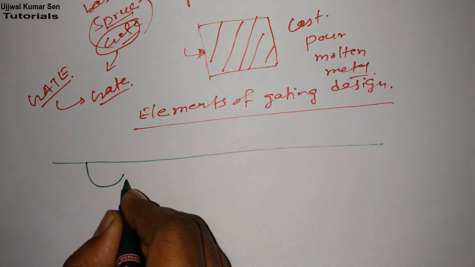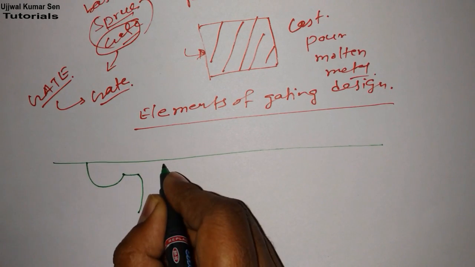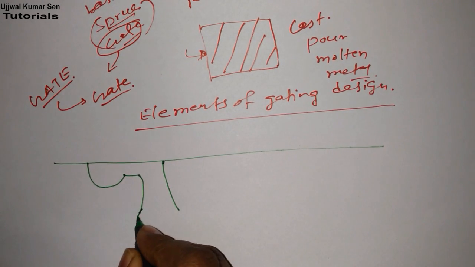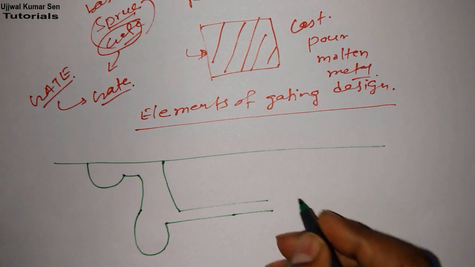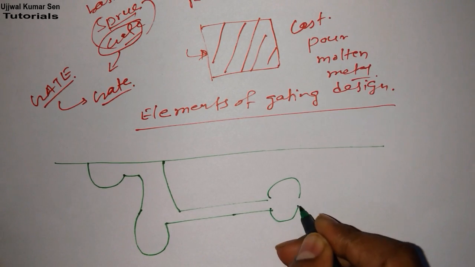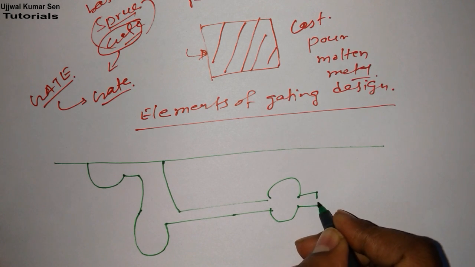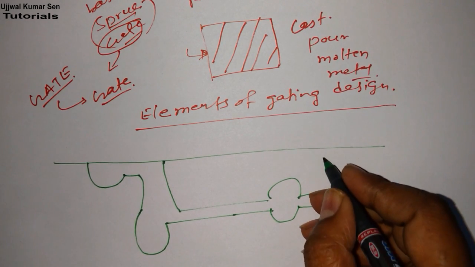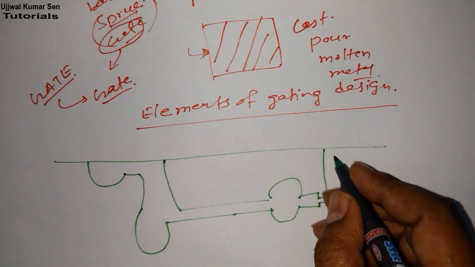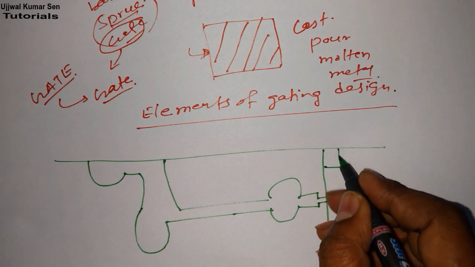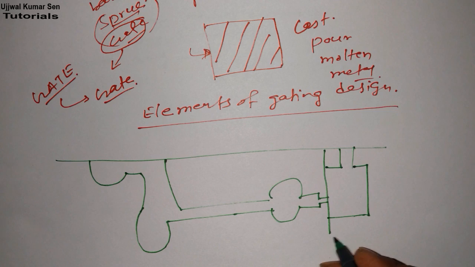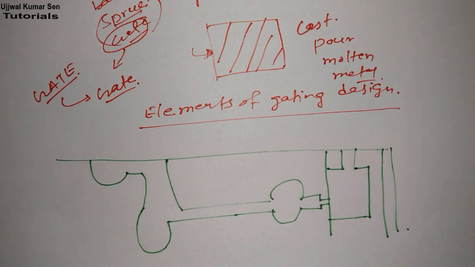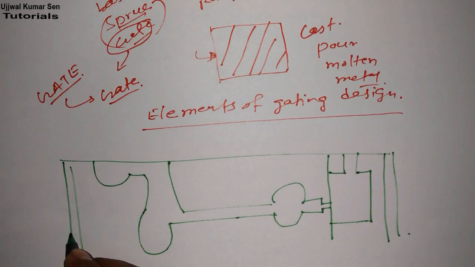Suppose we have this, then we go with the runner, then the skim bob. I will share what these are. This is our main cavity, and these are the supporting elements, and we have to close this.